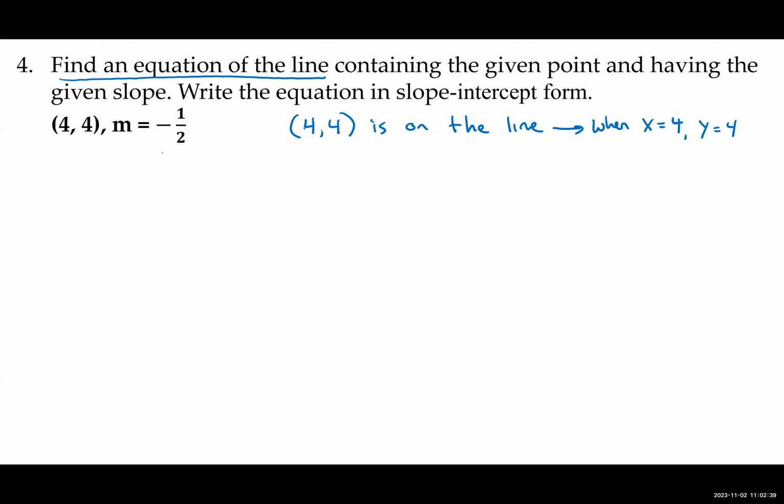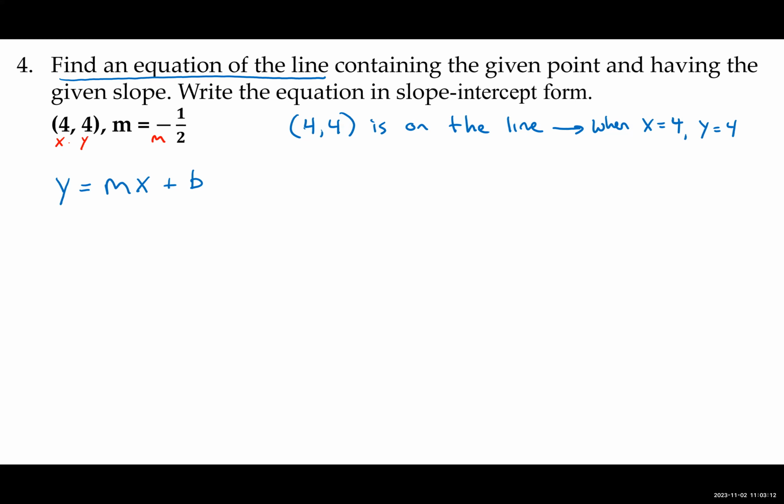And we've got the m. So we're starting with y is equal to mx plus b. And we are given an x. We are given a y, and we are given an m, right? So if you look at this equation, y equals mx plus b, there's 4 letters, x, y, m, and b. 3 of them we could use.